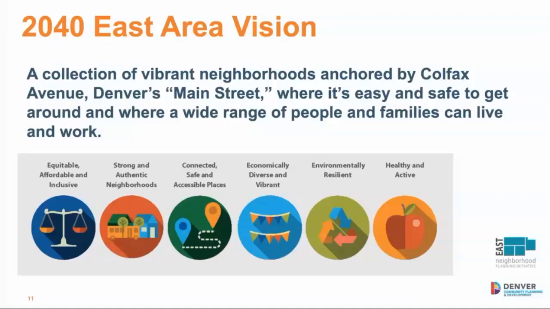And so we cover everything from affordable housing to urban design and historic preservation, mobility, whether that's bike lanes, sidewalks, crossings, and transit, small businesses, how we're helping people access jobs, quality jobs, environmental issues such as climate change, parks and open space, and how we create healthy and active neighborhoods through things like grocery stores and ways to reduce violent crime.